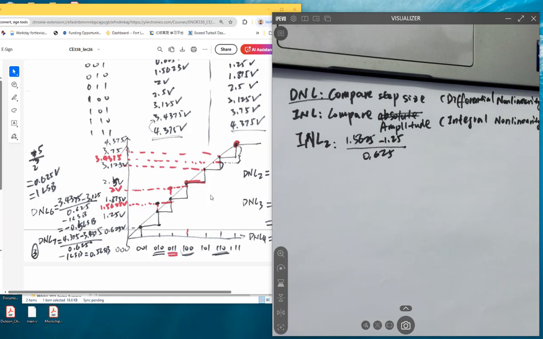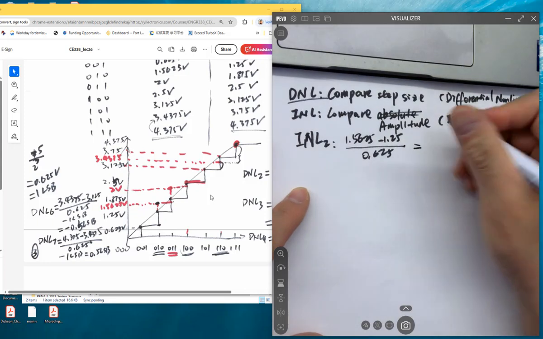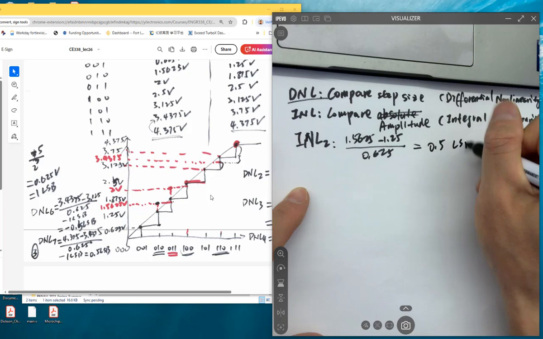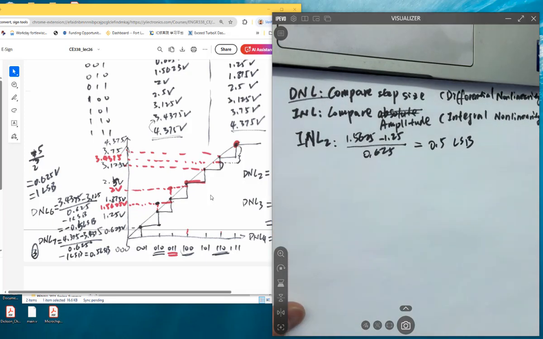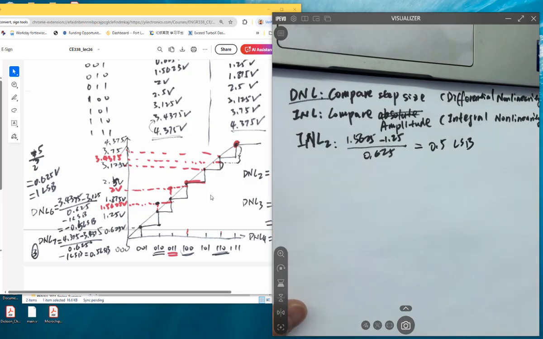Do we need to minus 1 LSB or not? Nope. So this is 0.5 LSB. Right?